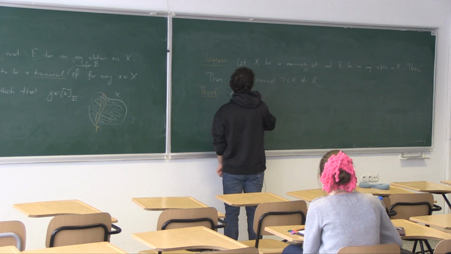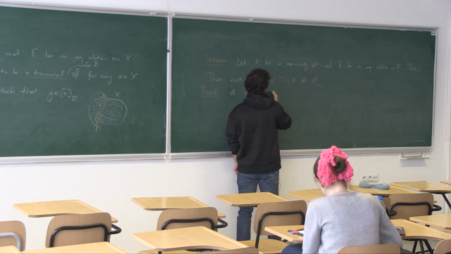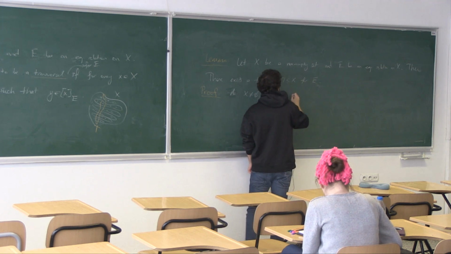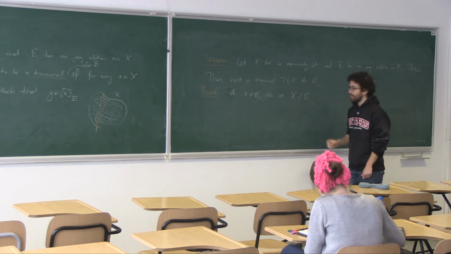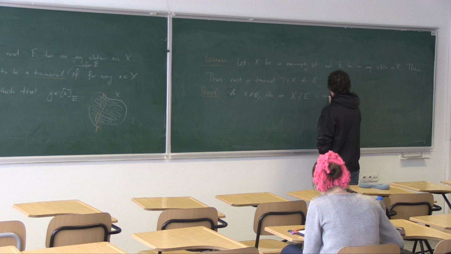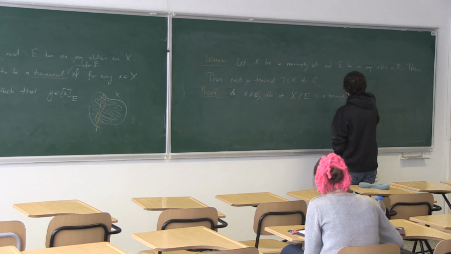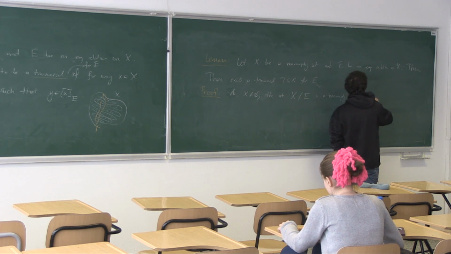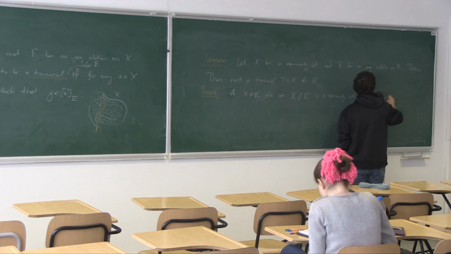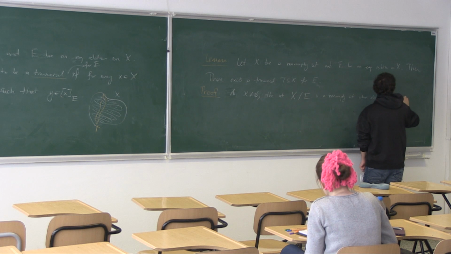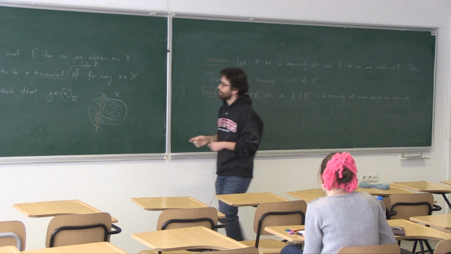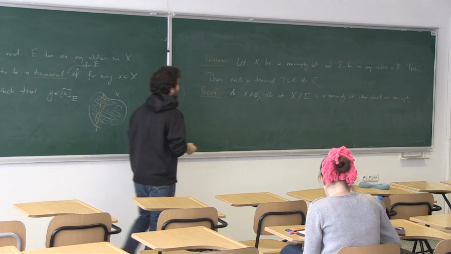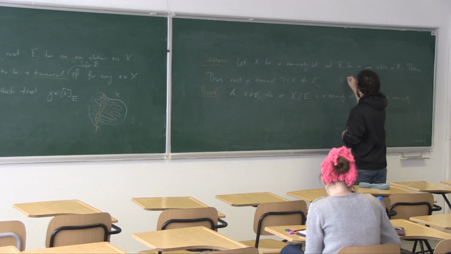As X is not empty, the set X quotient E is a non-empty set whose elements are non-empty. Now there are too many non-empties over here. Let me explain this. So where was the definition of this? Okay, let me put it over here in a box.